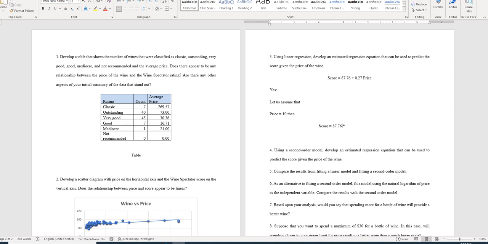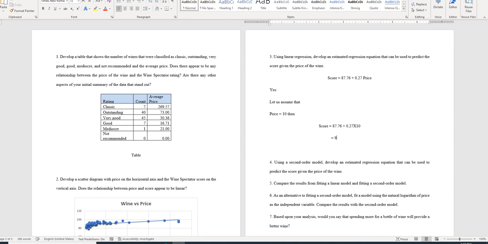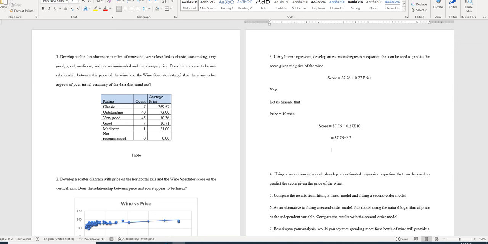Score is equal to 87.76 plus 0.27 into 10, which is 87.76 plus 2.7. Therefore, score is equal to 90.46.